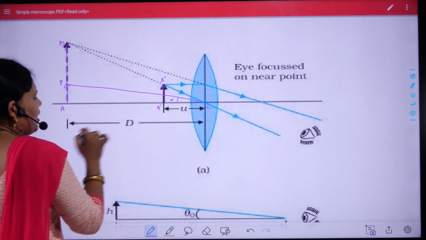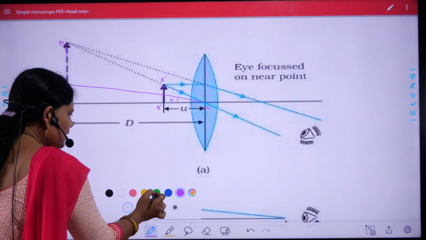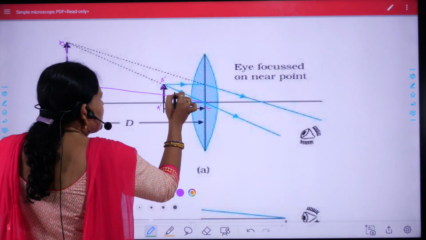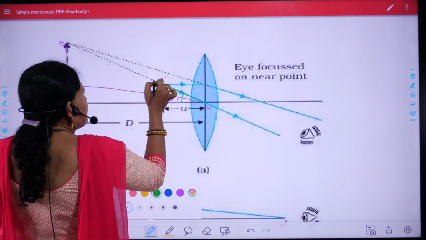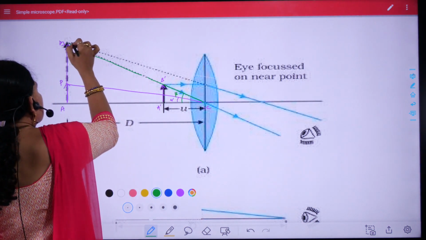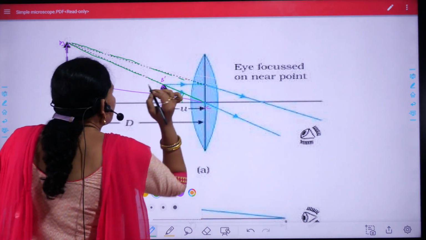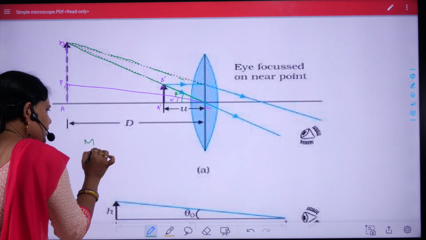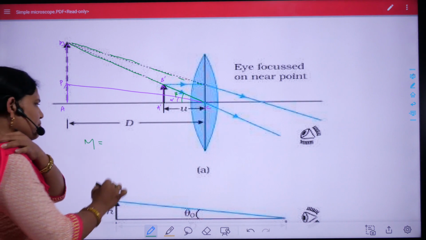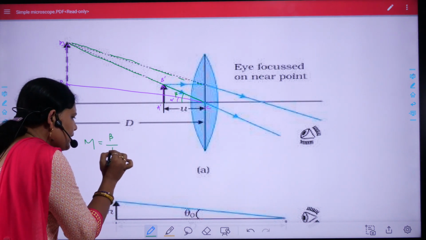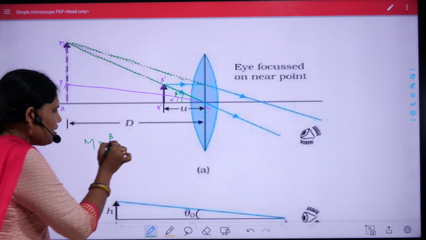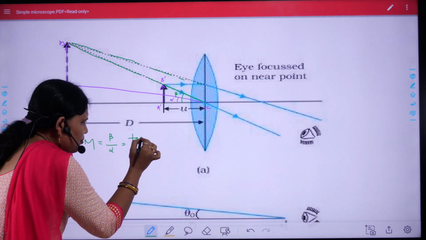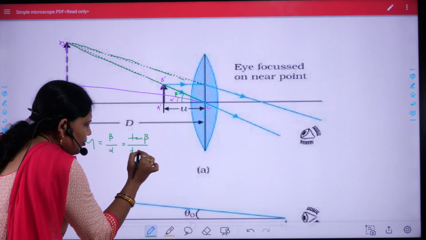Suppose this is P, and this angle is your beta. Now what is our target? We have to find out the magnifying power. The formula for the magnifying power is beta by alpha. As beta and alpha are very small angles, we can put it as tan beta by tan alpha.